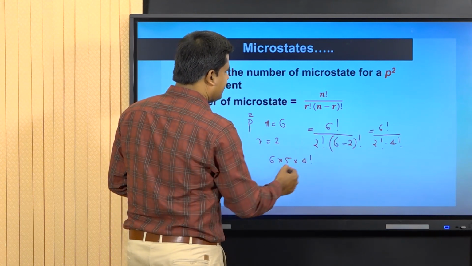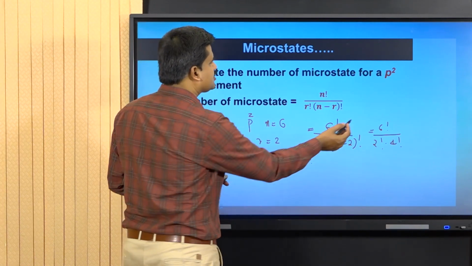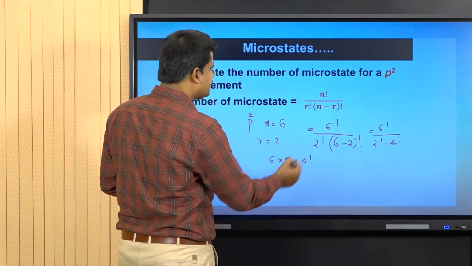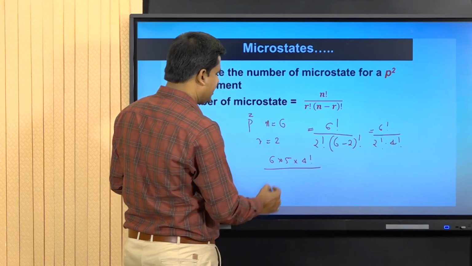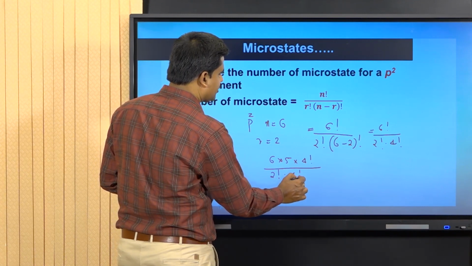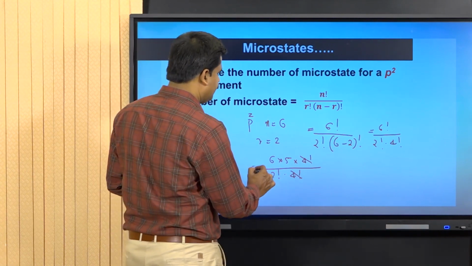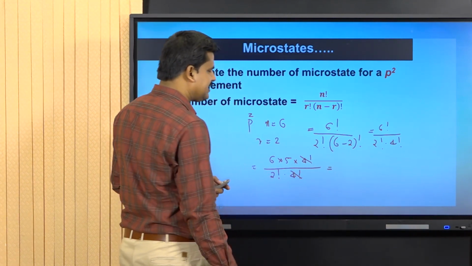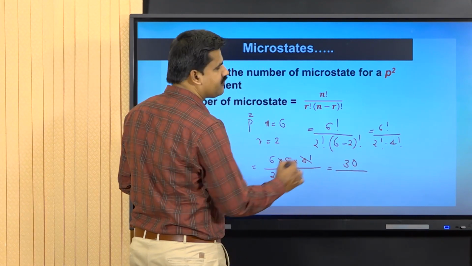So, n factorial can be represented as n into n minus 1 factorial. So, 6 factorial can be represented as 6 into 5 into 4 factorial divided by 2 factorial into 4 factorial. 4 factorial vanishes. So, the number of microstates is equal to 30 divided by 2 factorial.